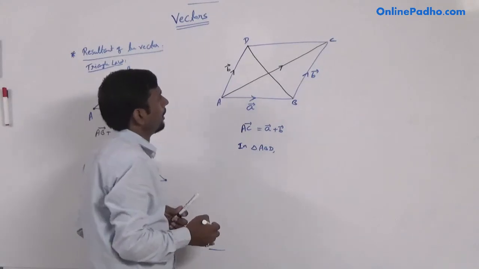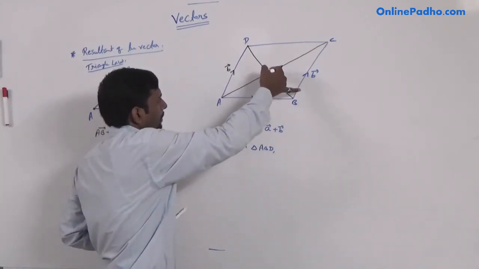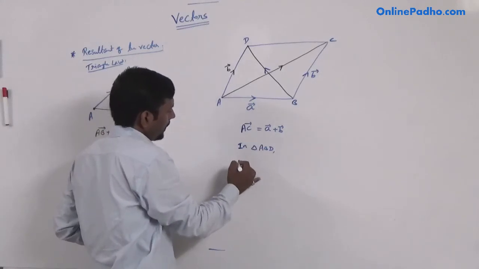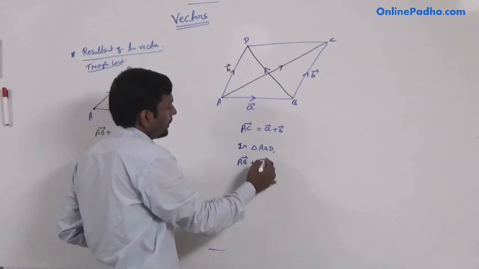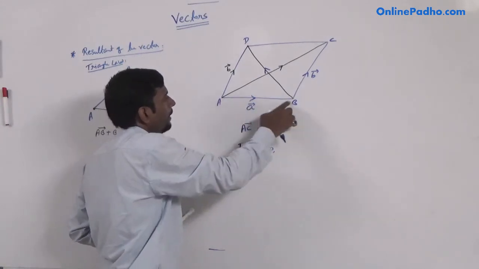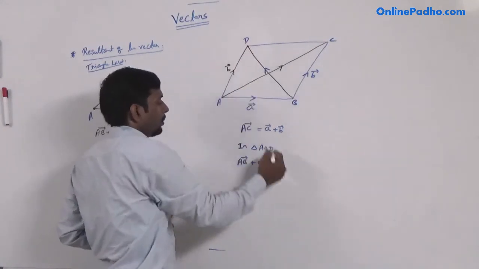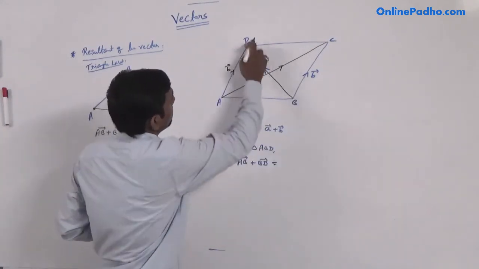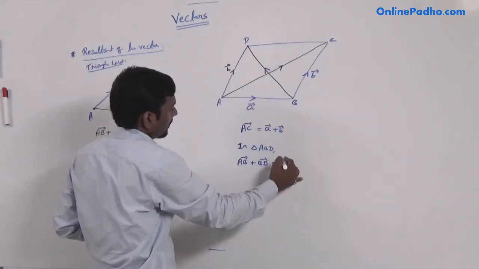In this triangle, if you say this is the direction of BD, so we can say that AB vector plus BD vector means you started from point A via B, you end at point D. So this is just AD vector, right?